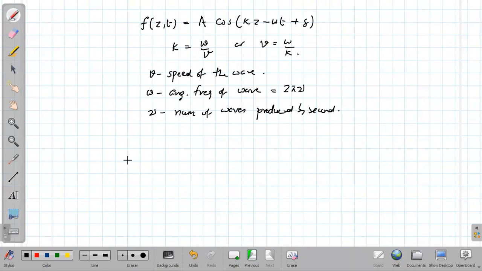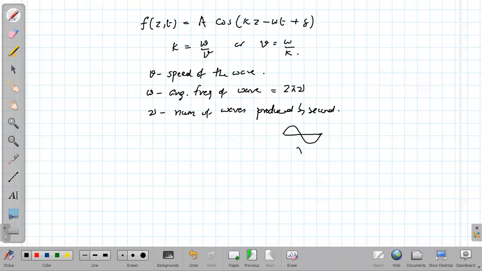Okay. Now we know that when you produce one oscillation, one wave is produced, and it will propagate a small length, or it will advance a length of one wave.